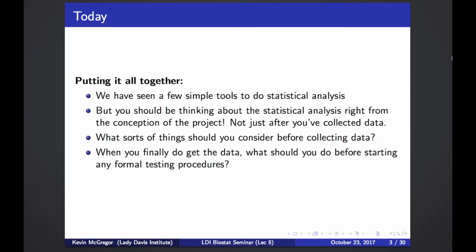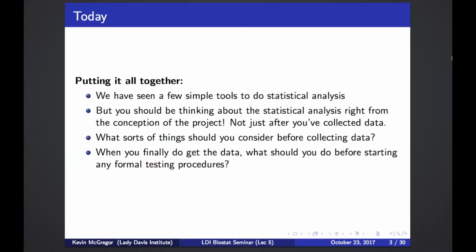But something I've tried to stress before is that the statistical analysis isn't something that you should be thinking about after you've collected your data. This is something that you should be thinking of right from the very beginning of your study, right when you're coming up with the study idea.